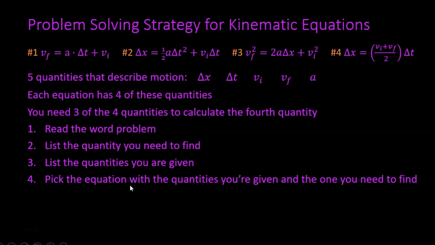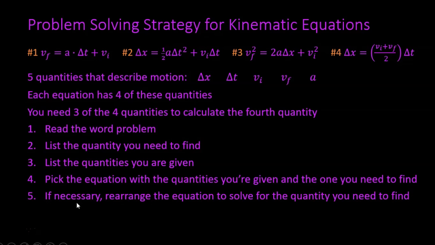So once you have your list of what you need to find and what you already know, you need to pick the equation with the quantities you're given, and it also needs to have the one you need to find. Step 5, if necessary, you need to rearrange the equation to solve for the quantity you need to find. For instance, you may be asked to find acceleration and you're given the final velocity, the elapsed time, and the initial velocity.